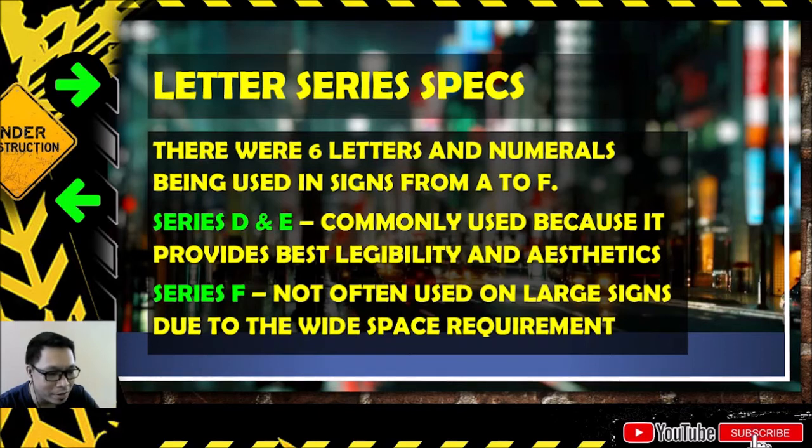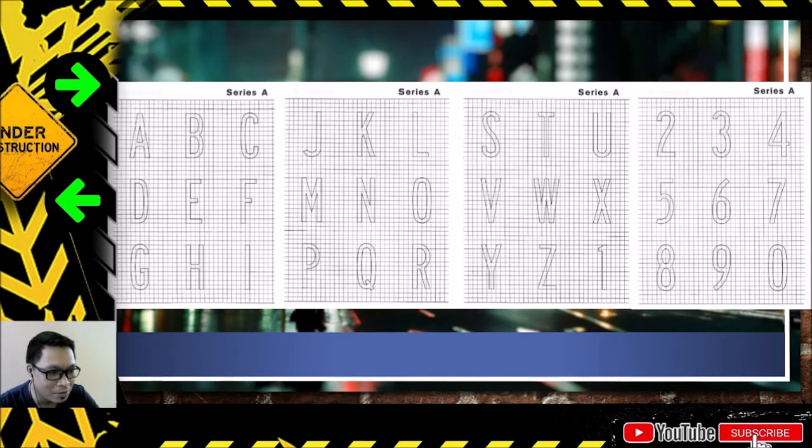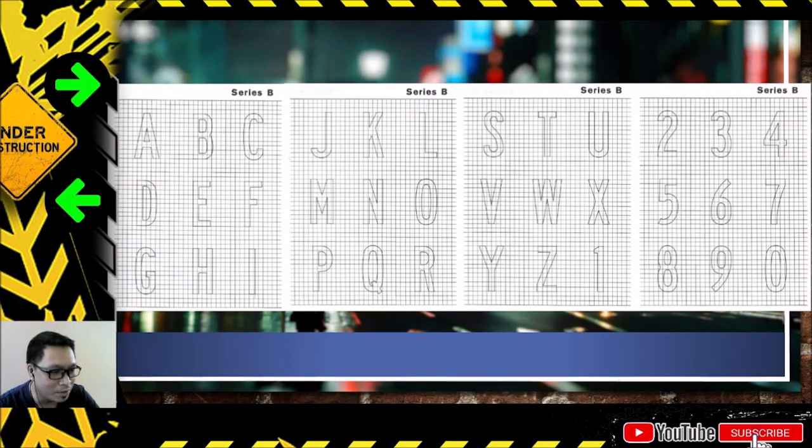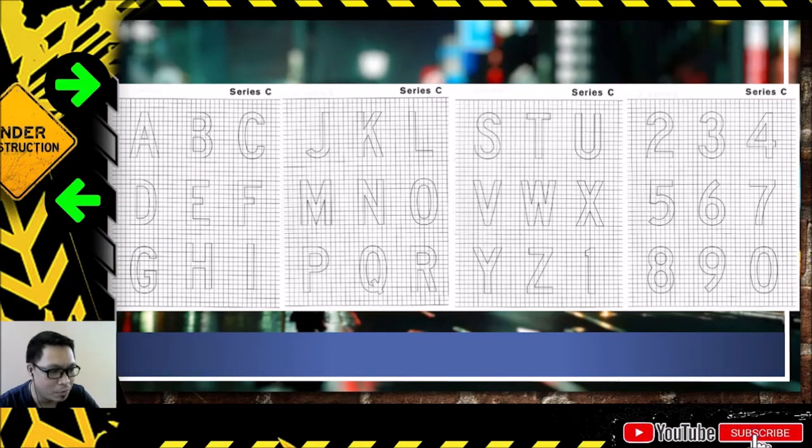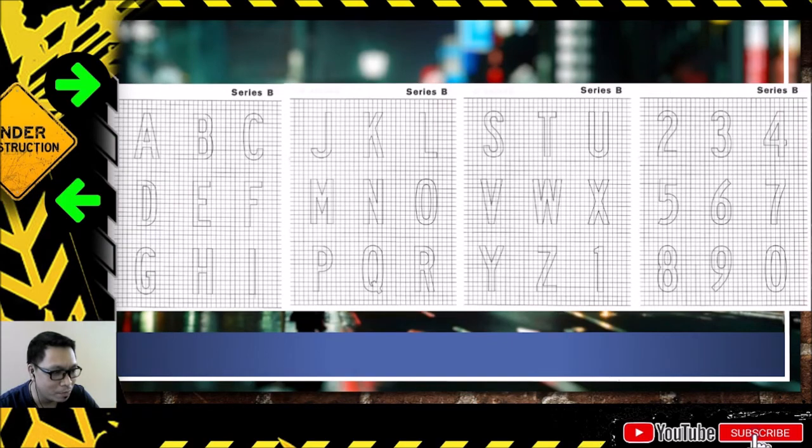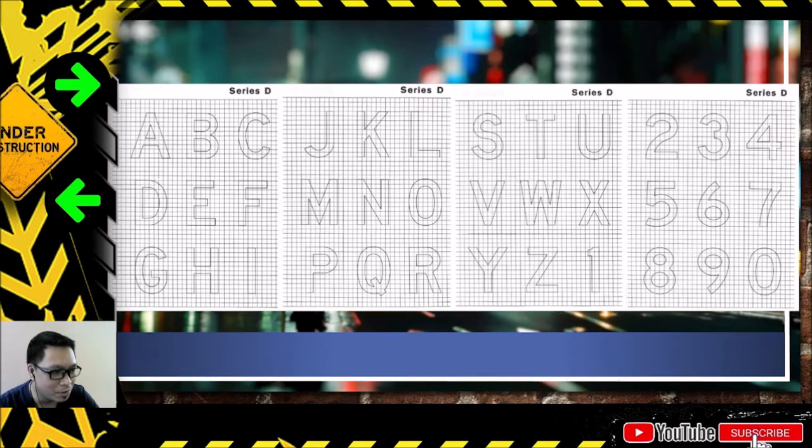To help us realize what the styles of these letter series look like, let me introduce that this one is the letter series A. If you notice, this type of font is quite thinner and compact. Then we have series B, which is a lot thicker than A. Then we have series C, as you might notice the difference from A to C. It is starting to get thicker, and the width also becomes wider.